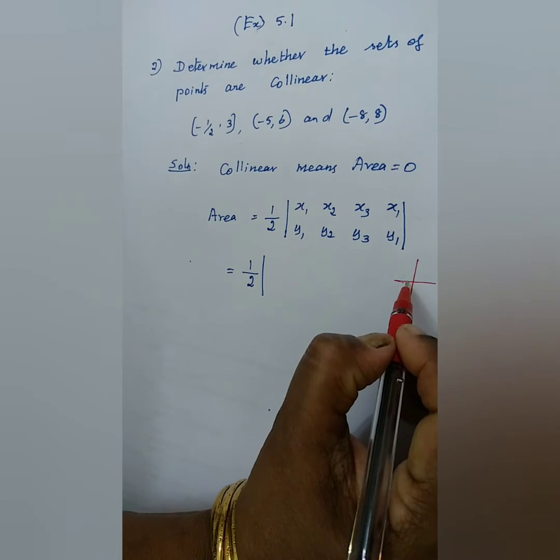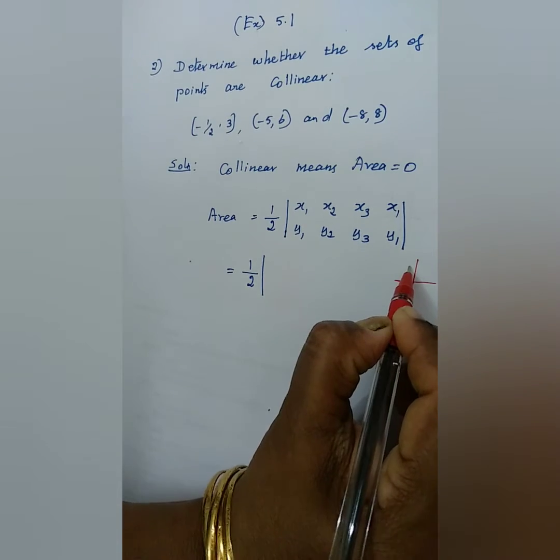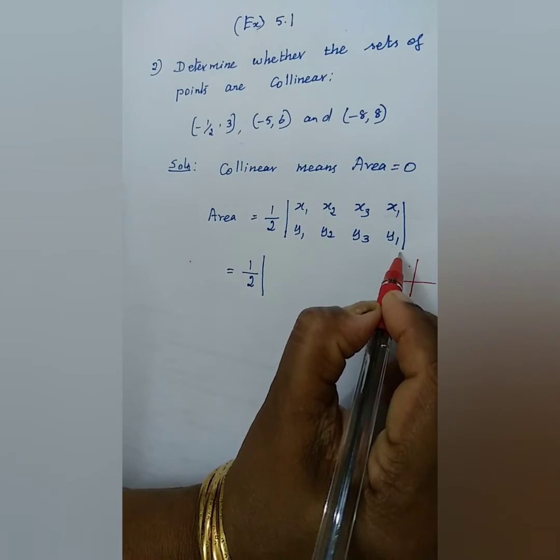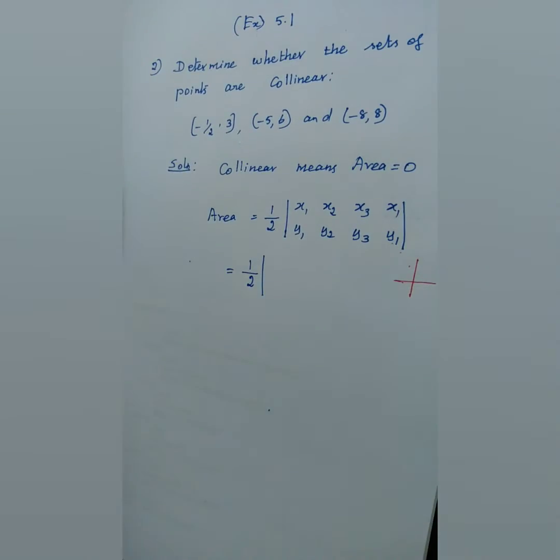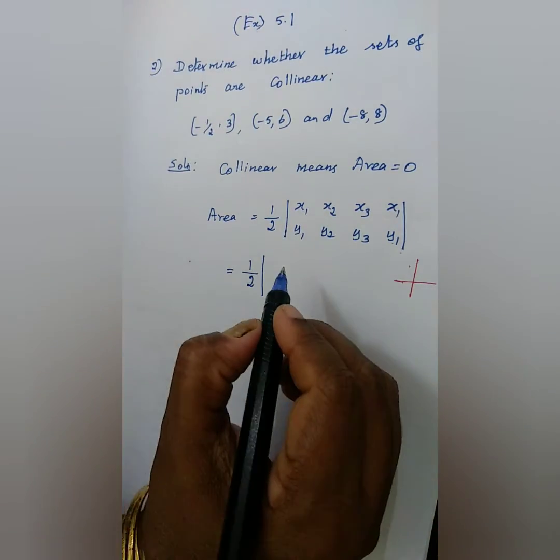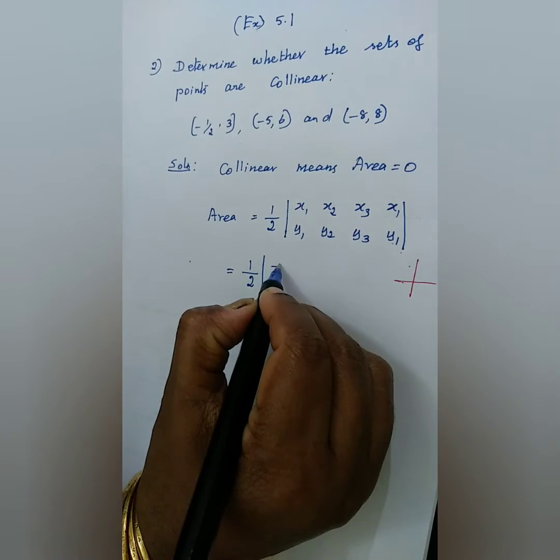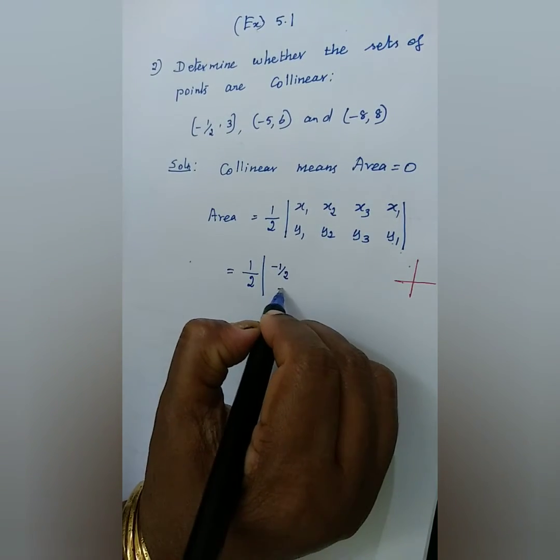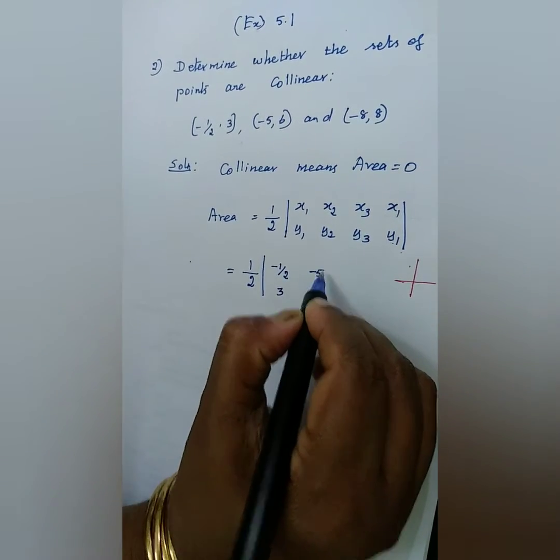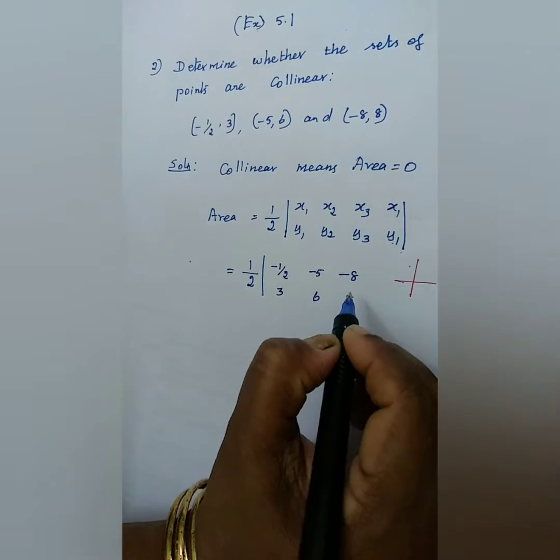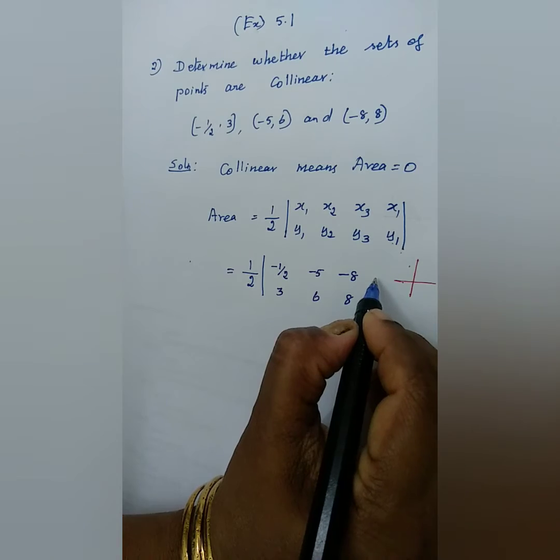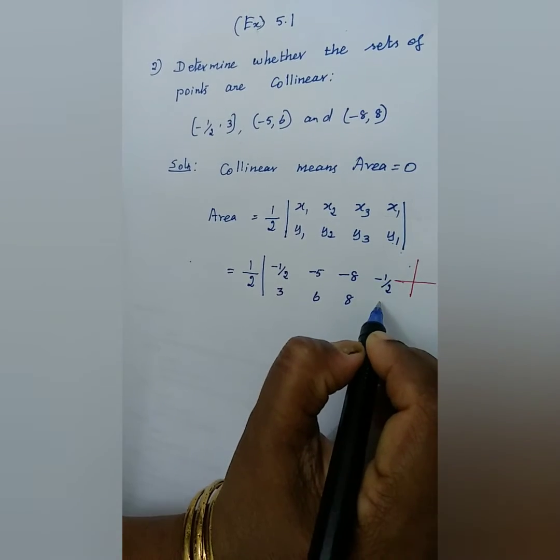So minus 0.5 comma 3 is here, then minus 5 comma 6 is here, then minus 8 comma 8 is here. We can take these as A, B, C. Therefore minus 1 by 2 comma 3, minus 5 comma 6, minus 8 comma 8, then again minus 1 by 2 comma 3.